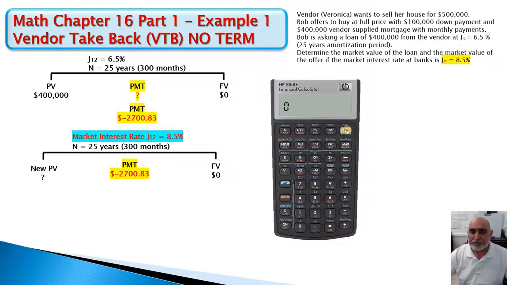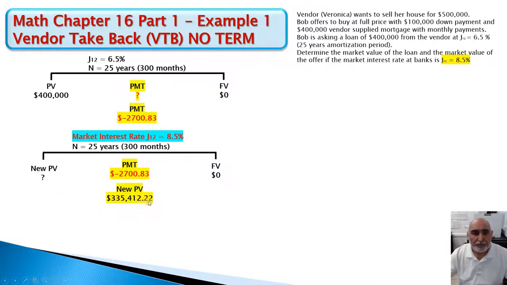And what are we looking for? We're looking for PV. There it is, 335,000. 335,000 is the market value of this loan. Okay, so what did this person really buy this house for? Well, the new PV is 335,000. So the market value of the loan is the new PV, which is 335,000.